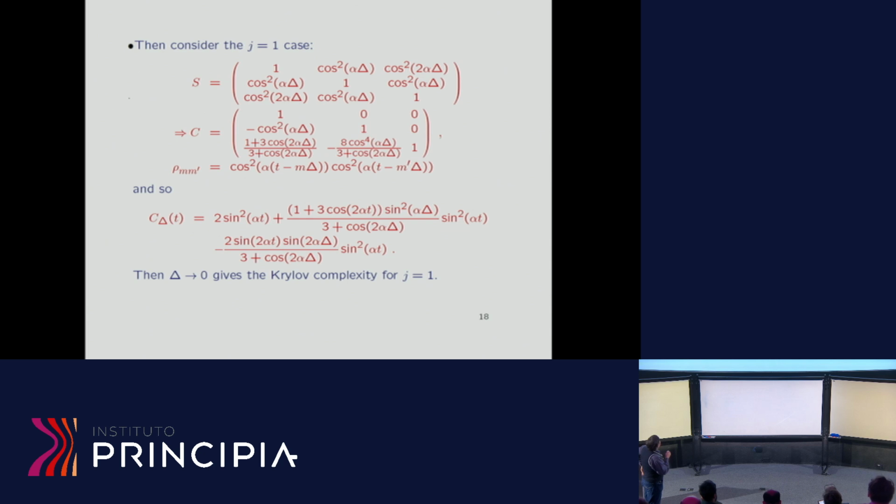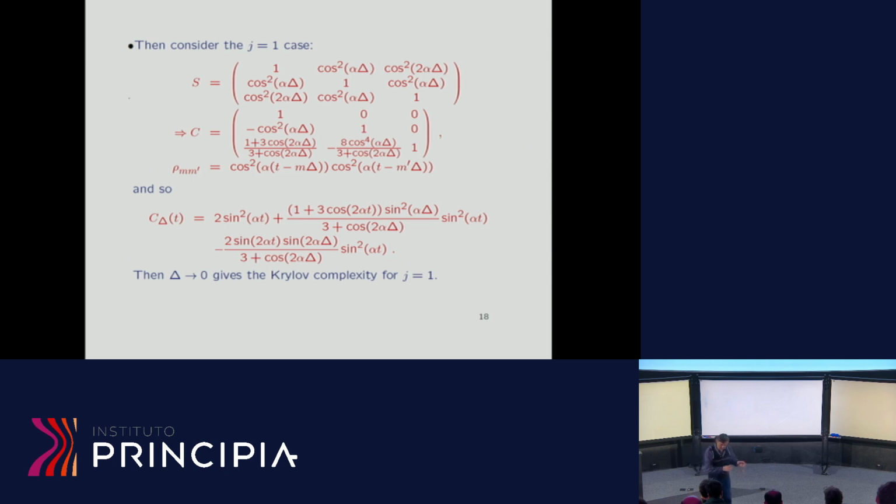And just for ease of calculation, we look at the spin 1 case. Then after doing some calculations, we obtain that the complexity, depending on this parameter delta as a function of time, is this long formula. But if I take delta to 0, what I obtain is actually just sine squared, which is the correct result for j equal to 1.